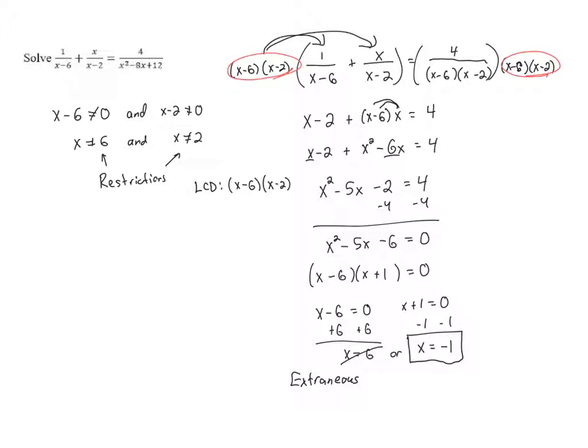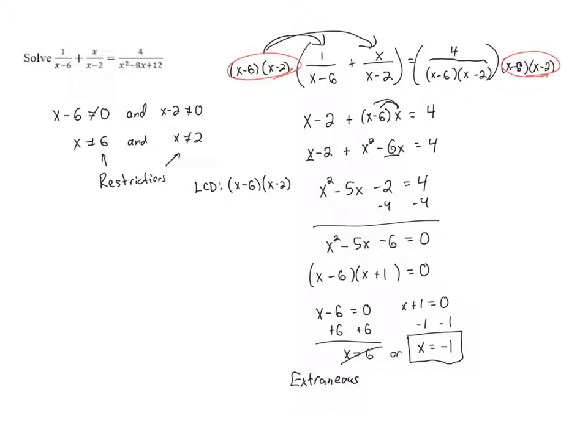A long time ago, when you learned the rules for how to solve equations, called the properties of equality, there was a rule that said we may multiply both sides of an equation by the same non-zero quantity. And the important word here is non-zero.